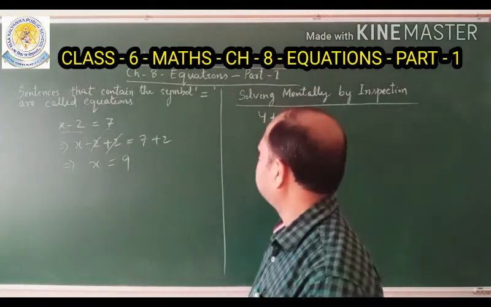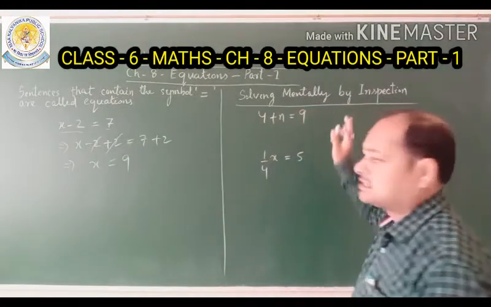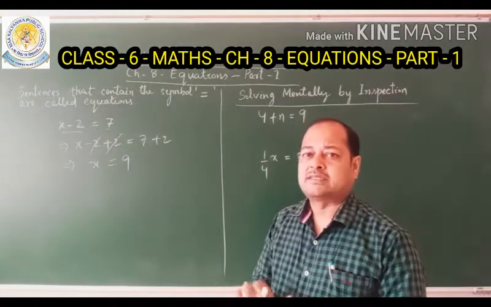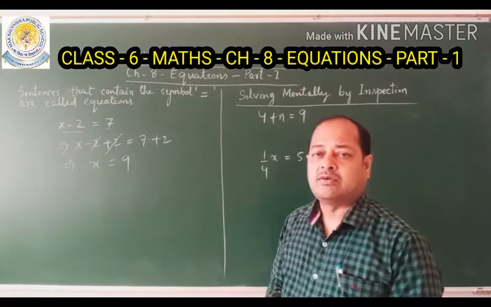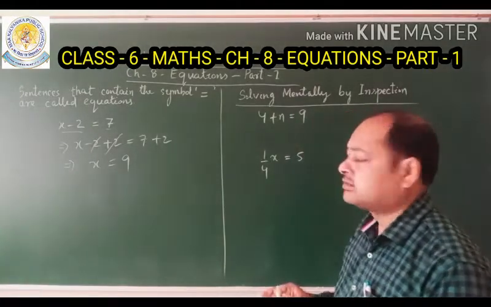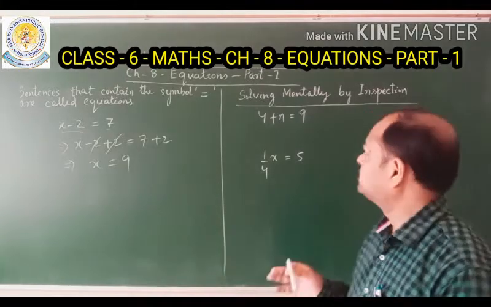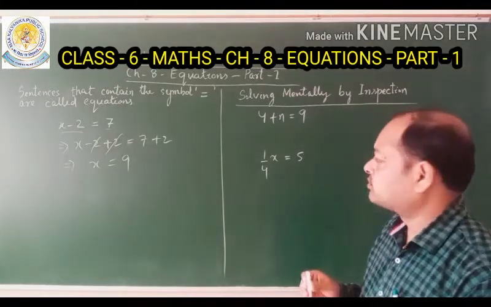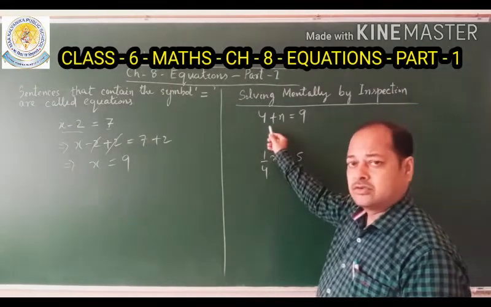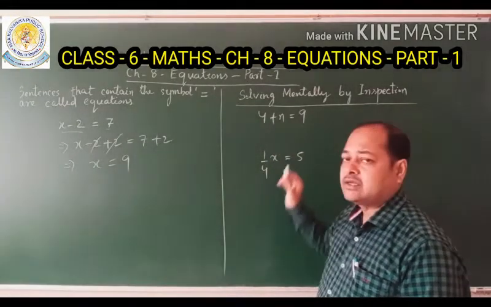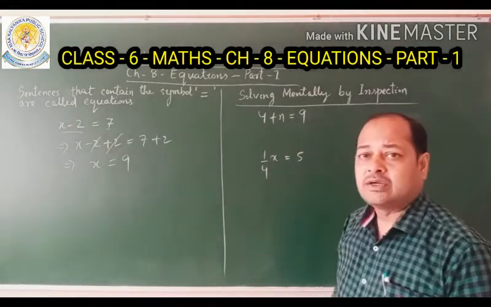Now look at solving mentally by the inspection method. Suppose very small quantities are there, we know the calculation and we can solve mentally by inspection. What does it mean? Look here, 4 plus n equal to 9.